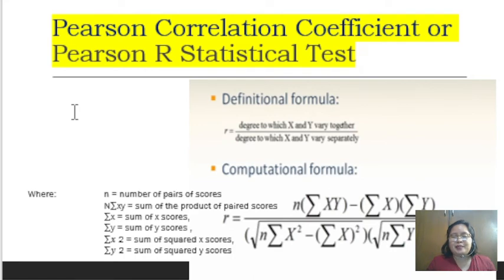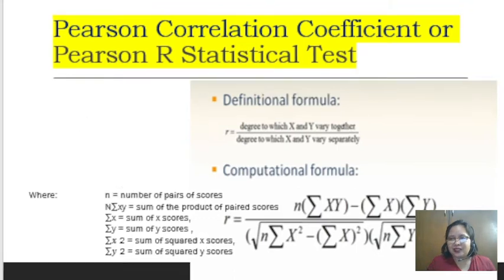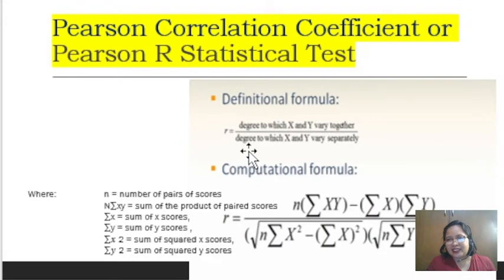So, it measures the strength between the different variables in their relationship. Kaya may nakalagay dyan, the degree to which x and y vary together over the degree to which x and y vary separately.